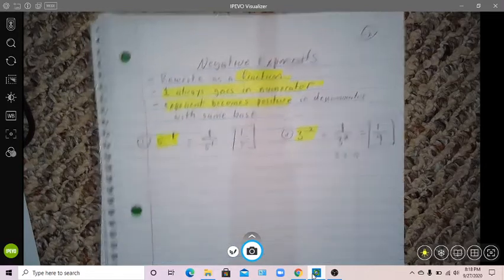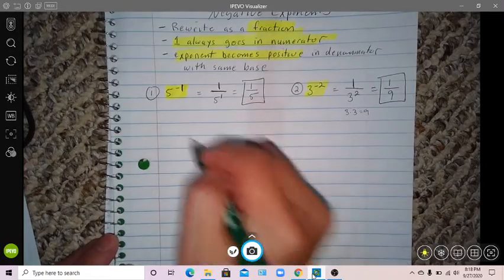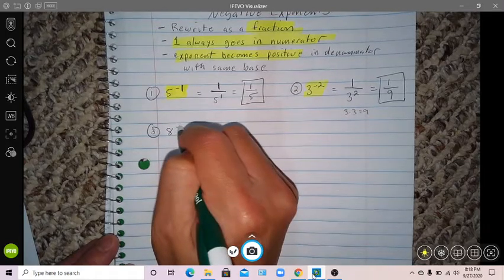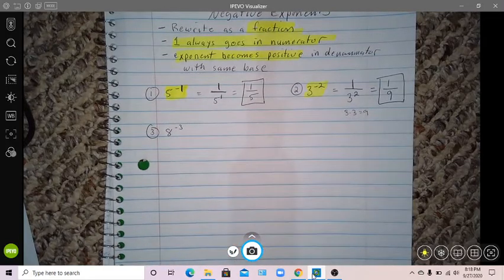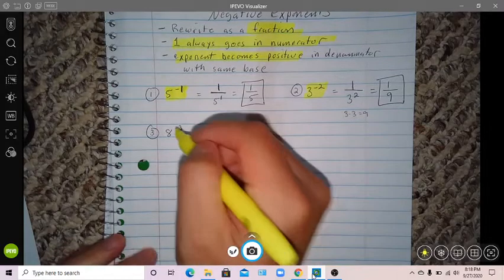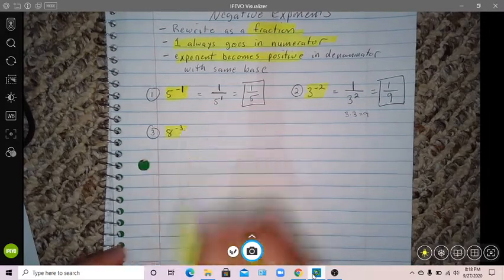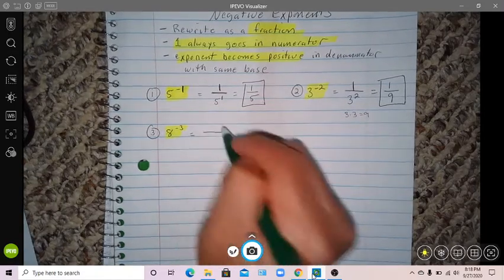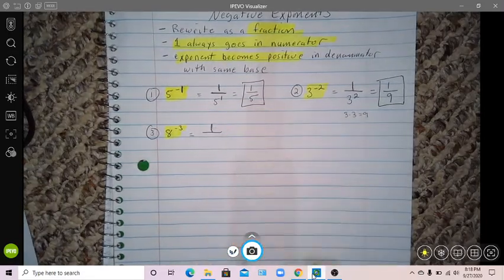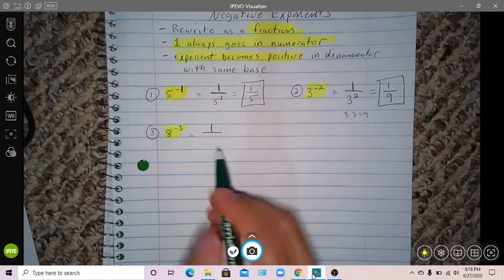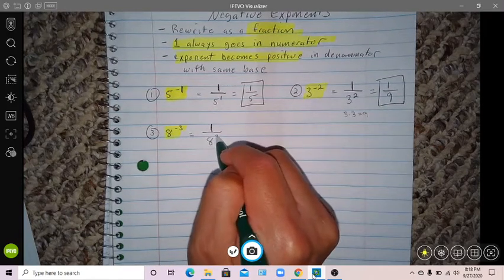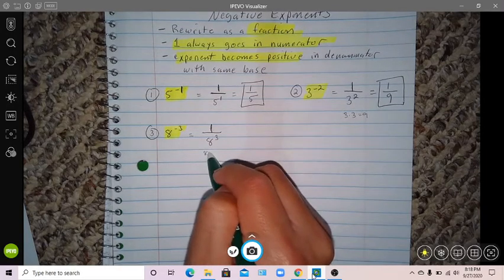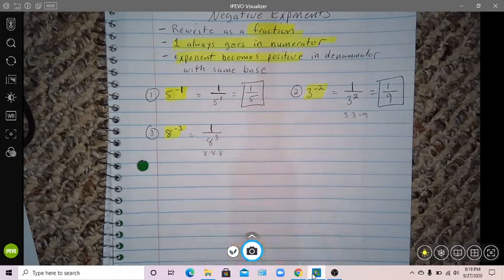Okay, let's do another one. Number 3, 8 to the negative 3 power. So we're going to rewrite that as a fraction. 1 goes in the numerator. 8 to the positive 3 goes in the denominator. So we have to figure out what 8 times 8 times 8 is.